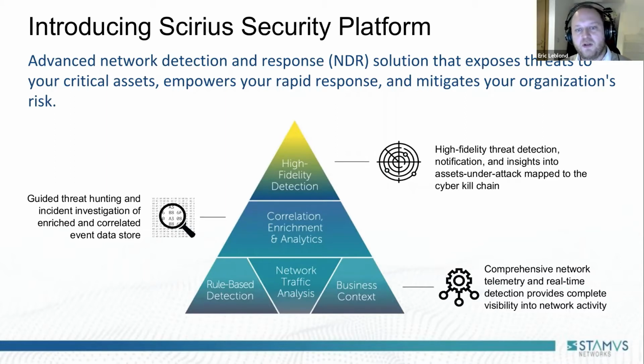We have one last layer in the system, which is the high fidelity detection via the Scirius Threat Radar, where we are doing, I will explain that later, a switch from an approach that is per event to an approach by threat and asset that really changes the way and really lowers the noise.